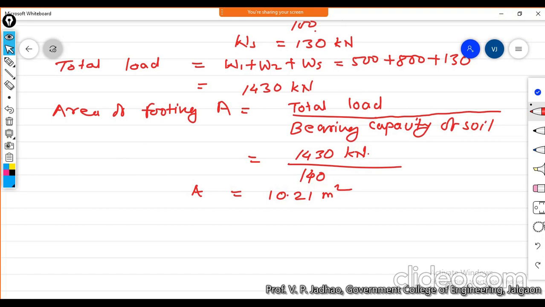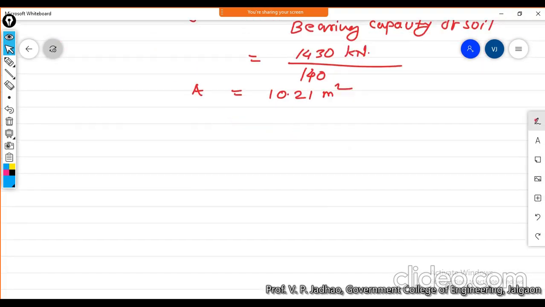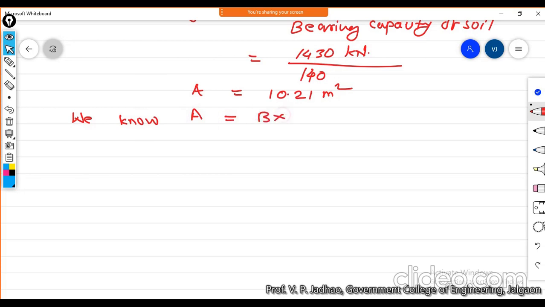But we have already calculated the length of our footing as 5.72. Therefore, we can calculate the width of our footing. We know area of footing is equal to B into L. We have the area as 10.21, and the length is 5.72 meter.